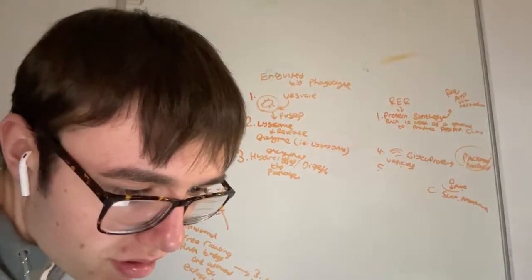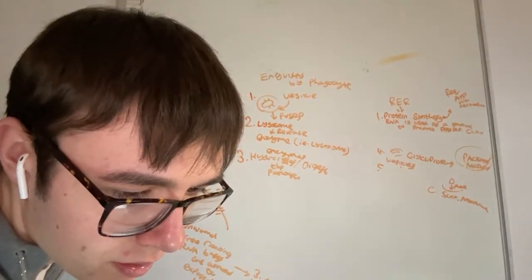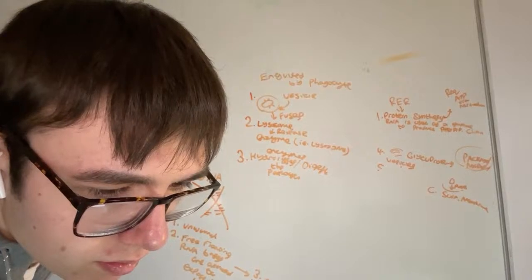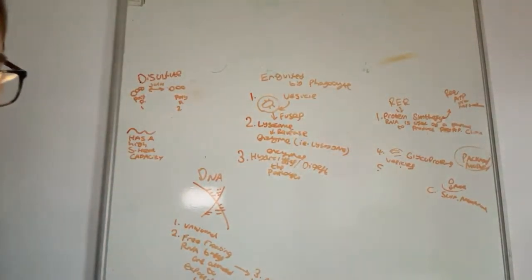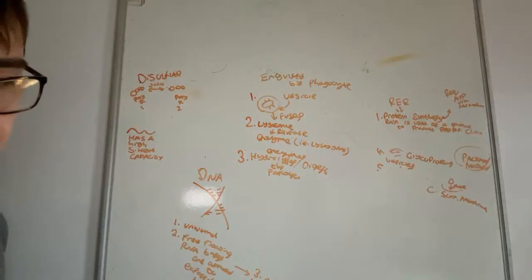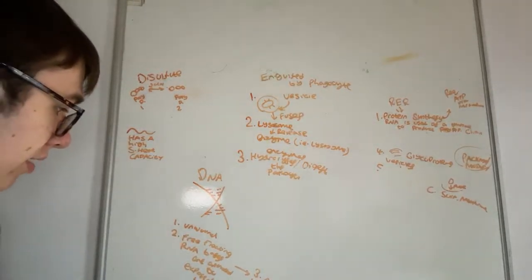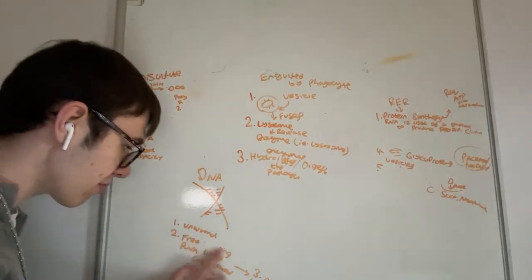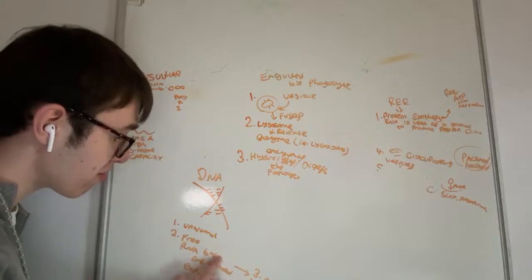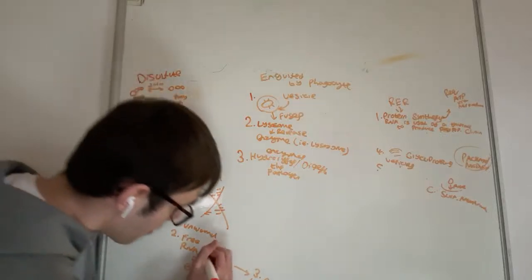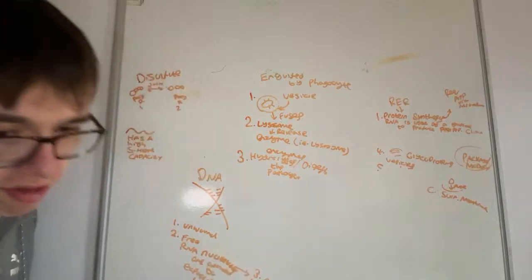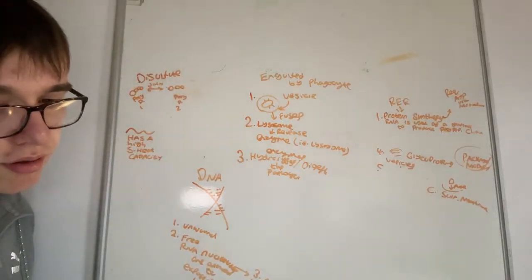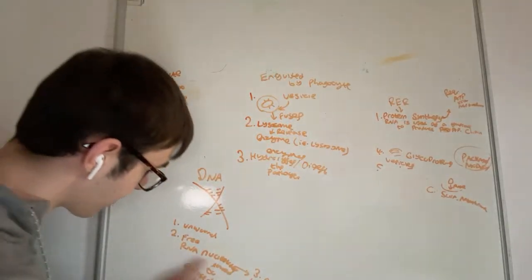Let's see what the answer is just before I head off. Free RNA nucleotides form complementary base pairs. Okay, we got no marks. The free RNA, so free RNA nucleotides, not bases. The free-floating RNA nucleotides form those base pairs.